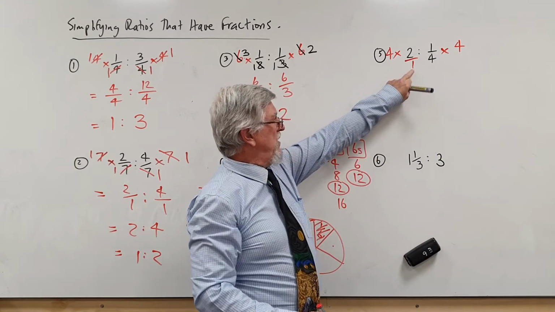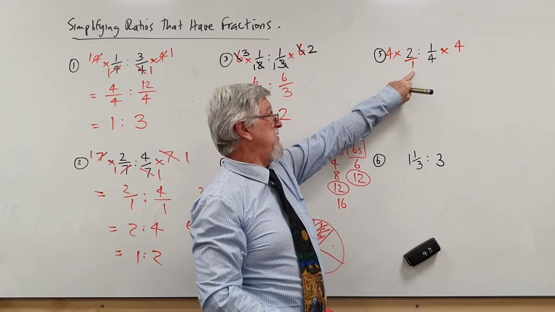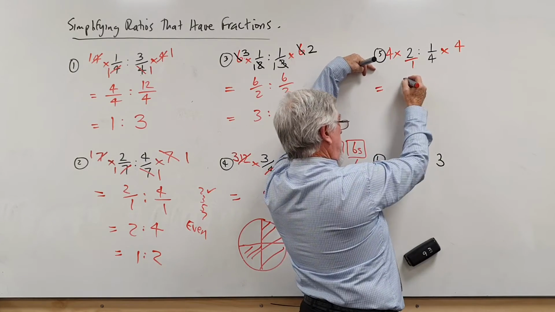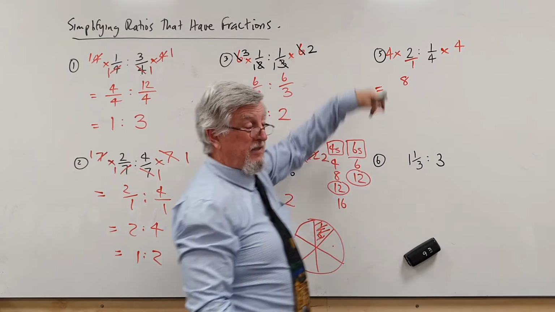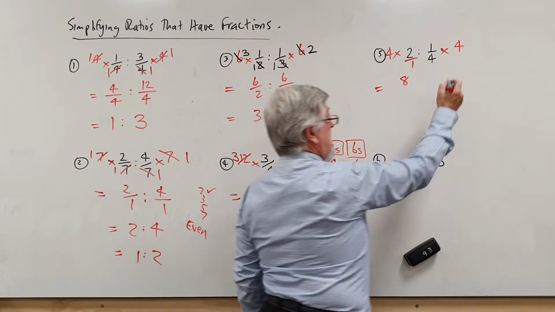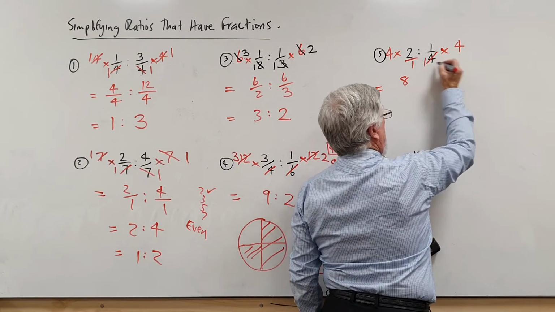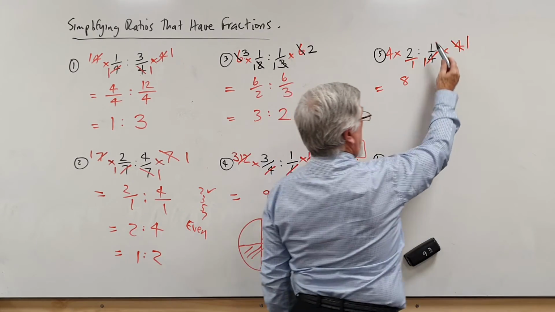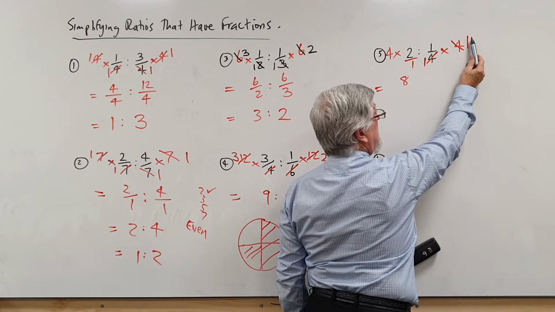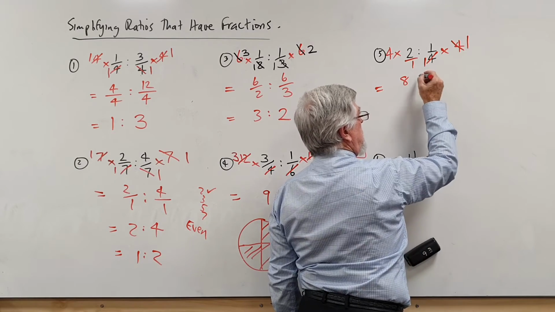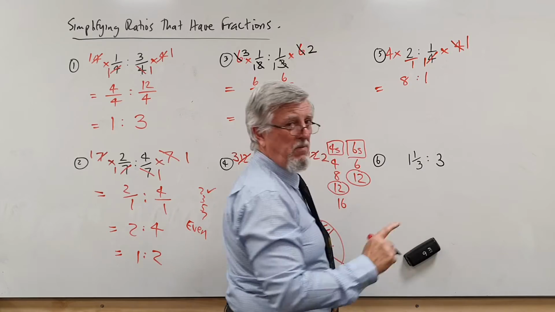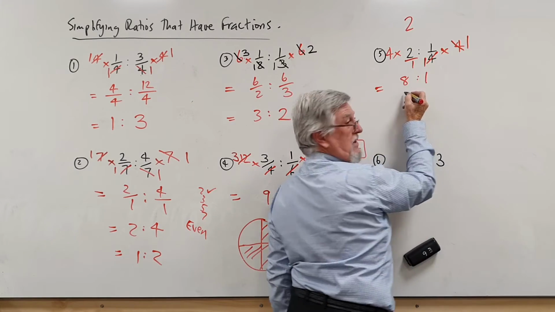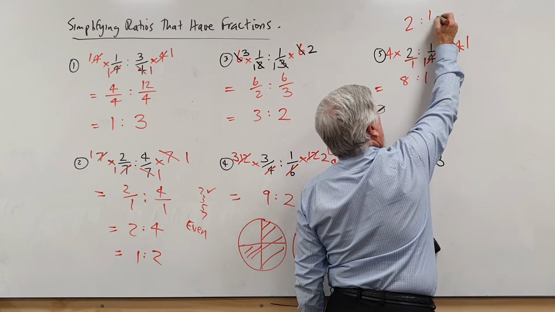Now this already has a 1 on the bottom, so I don't have to do anything with that 1, because it's going to end up multiplying the tops and multiplying the bottoms as 8 over 1, and I don't have to write over 1. 4 into 4 goes once, and 4 into 4 goes once, and I'm left with this one, which is 1 times 1 is 1 over 1, which is just 1. So the ratio is 8 to 1: we're saying that 2 is 8 times bigger than a quarter.